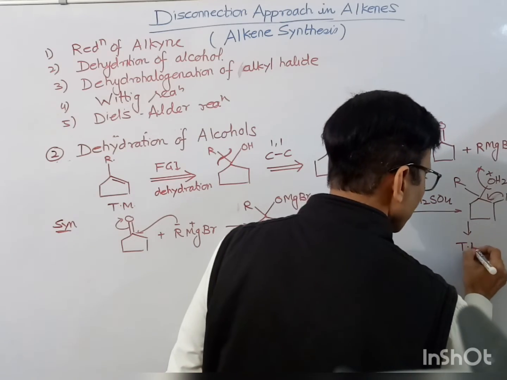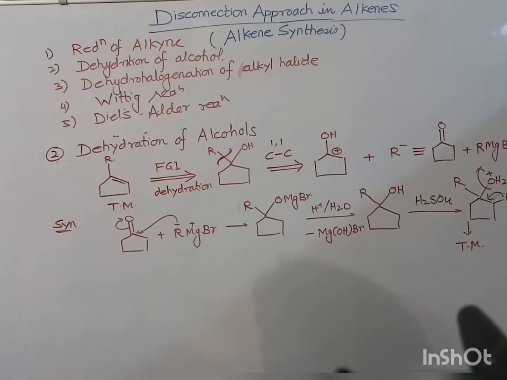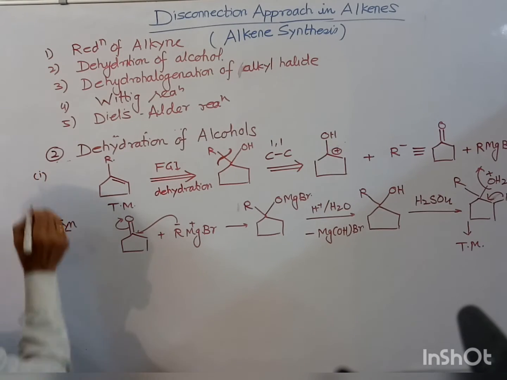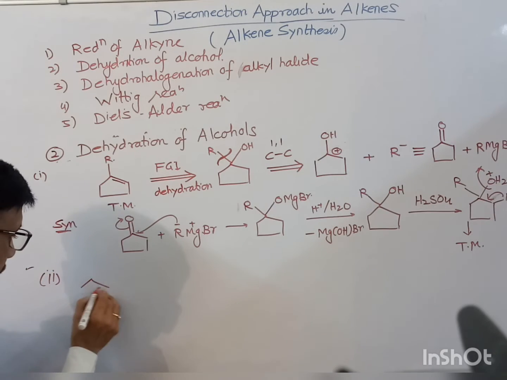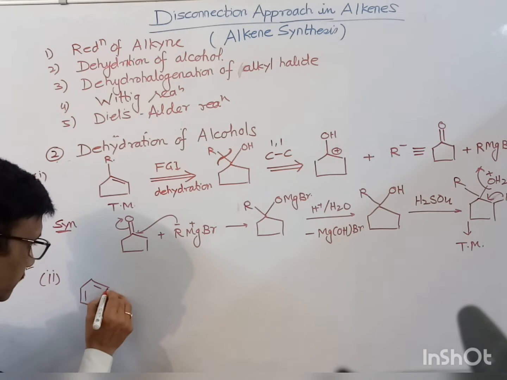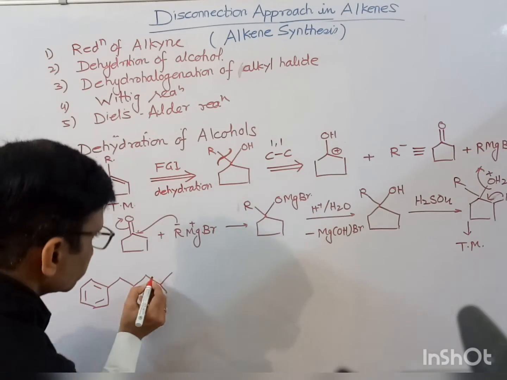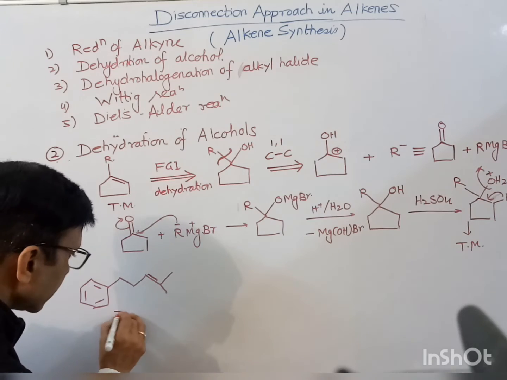You will get the target molecule. Okay, so this is one of the examples, and another example: suppose you have a target molecule, the target molecule, okay, this is another alkene.